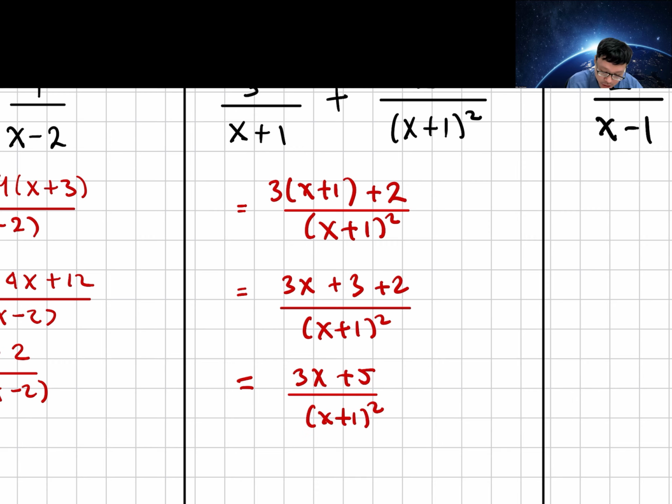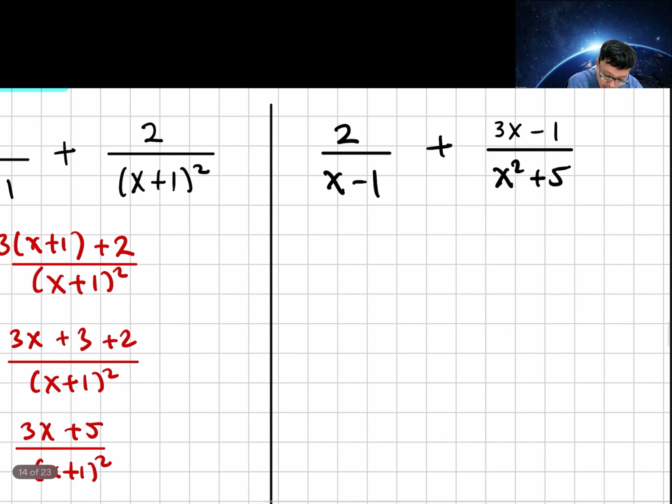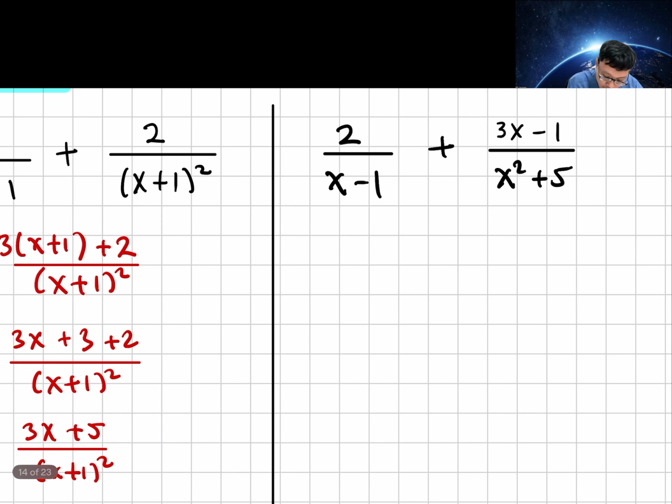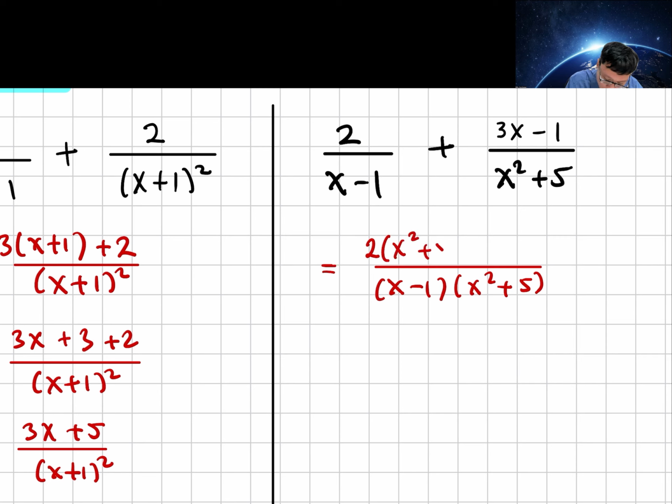The third example is also the same, but now we combine denominators with different degrees, with the same process, same steps: x minus 1 times x squared plus 5. For this one I get 2 times x squared plus 5, plus 3x minus 1 times x minus 1.